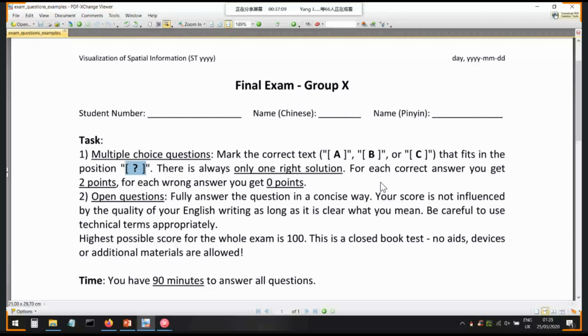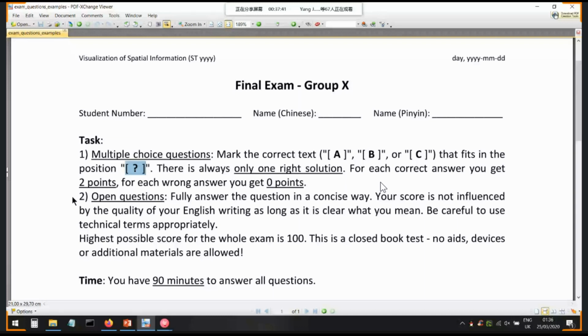So instead of this question mark, there should be text or word A, B, or C. And for each correct answer, you get 2 points. For each wrong answer, you get 0 points. This is the main part of the final exam. And then there is a second part. These are open questions.